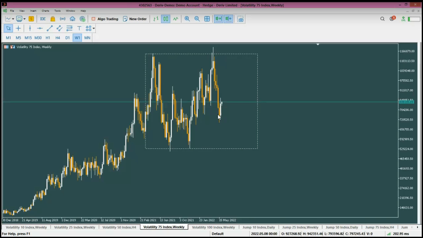Our last week's candlestick engulfed the previous week. You see this candlestick here, it was engulfed by this one. This is the candlestick pattern called engulfing. It engulfed this candlestick, meaning the buyers are much more likely to be in control this coming week.